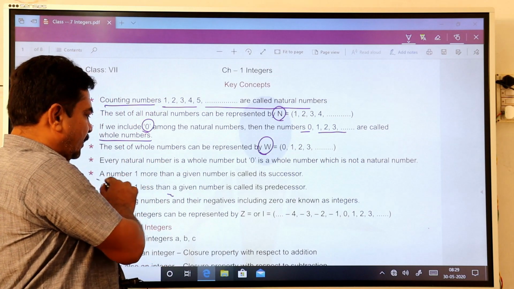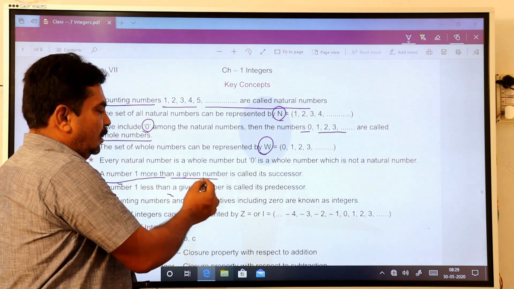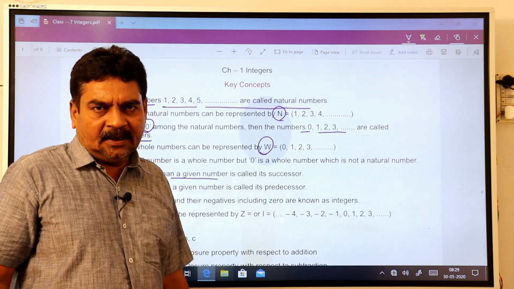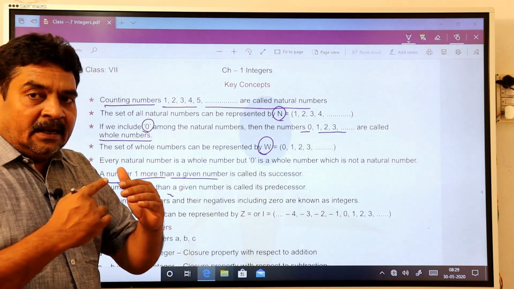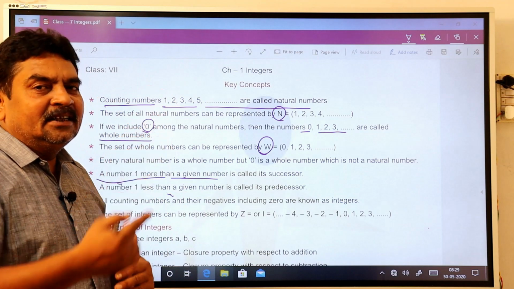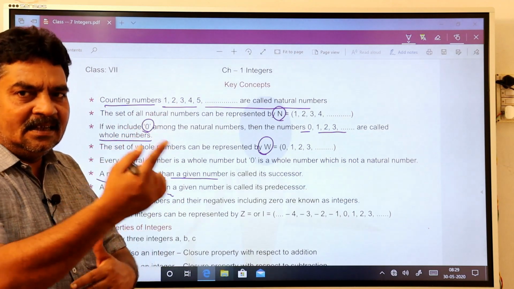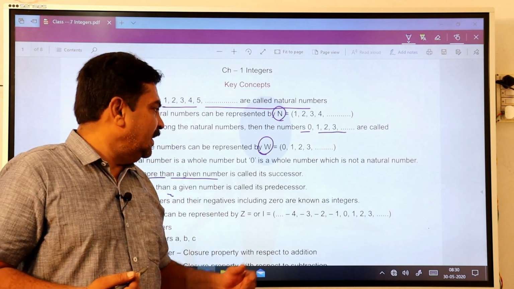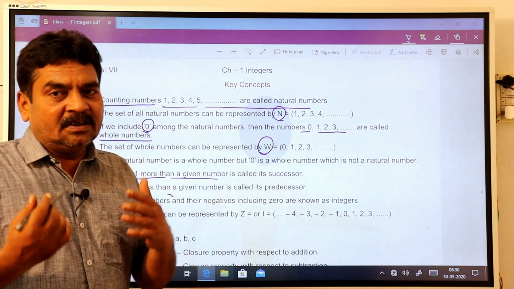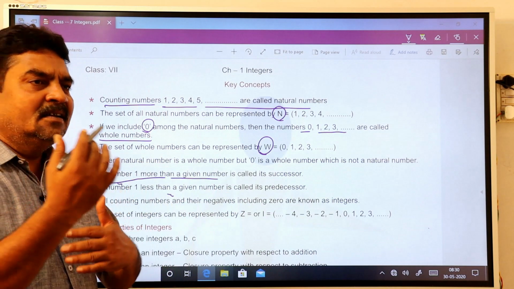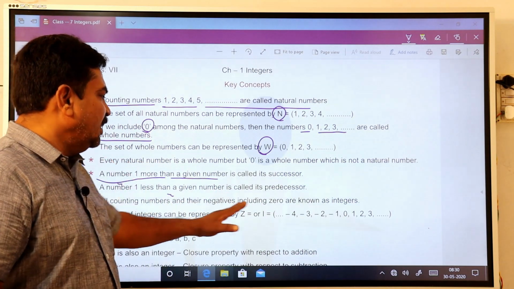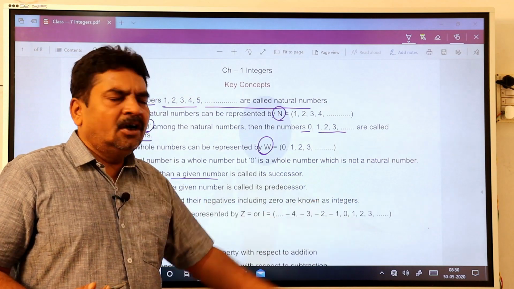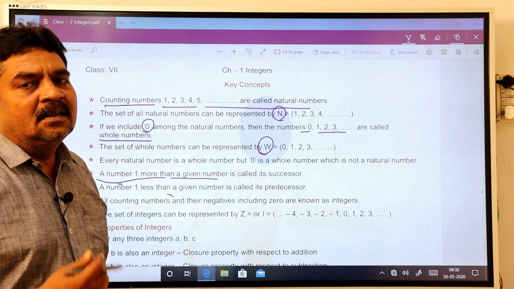Now a number 1 more than a given number, you call it the successor. A number 1 less than the given number, you call it the predecessor. You just remember this, right? Predecessor and successor.